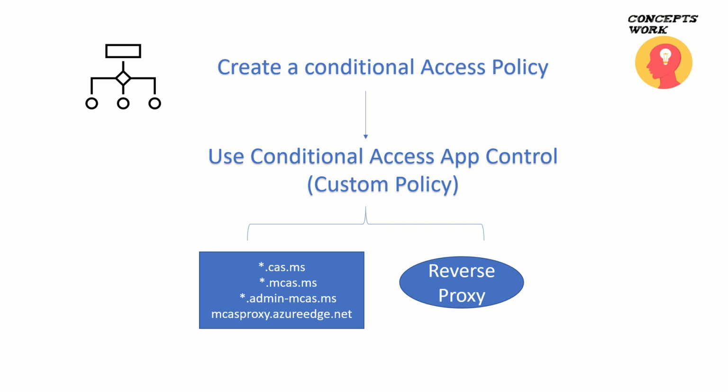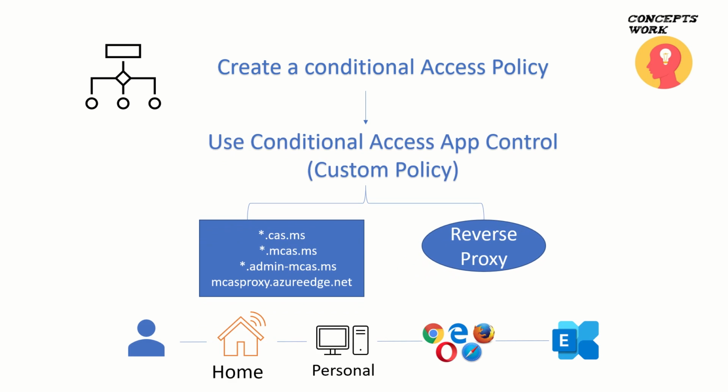Now what this will do, in a nutshell, is that once the conditional access part is completed, all the traffic will get routed through these endpoints. And the entire session which is established between the user's device and the service which the user is accessing will start getting monitored.